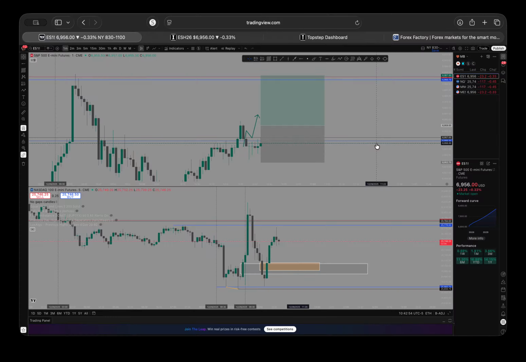Now we're out of trading window period, so let's just see where this candle closes and see where the next candle closes.